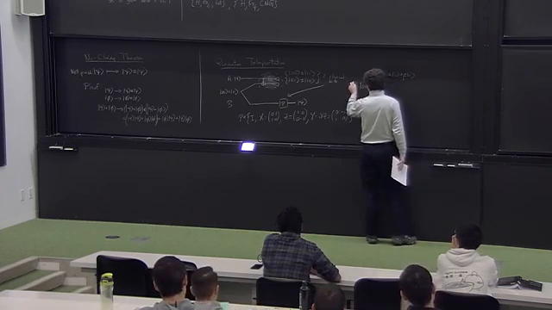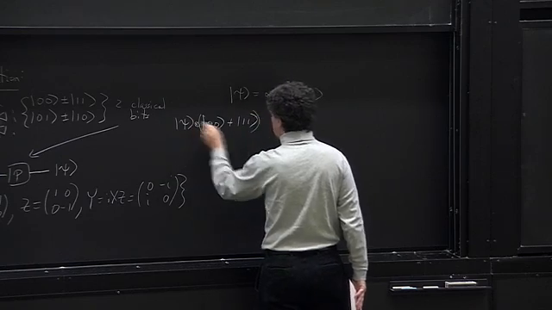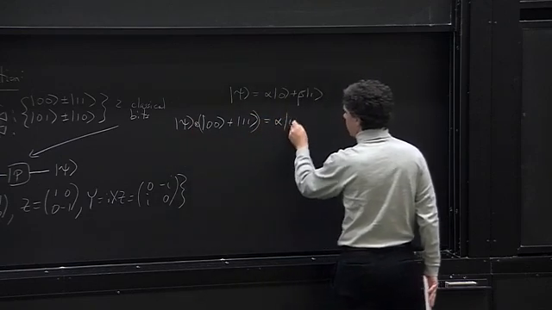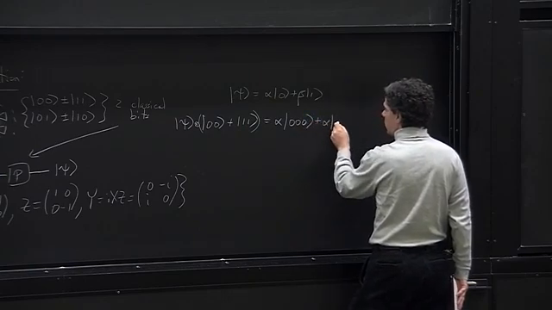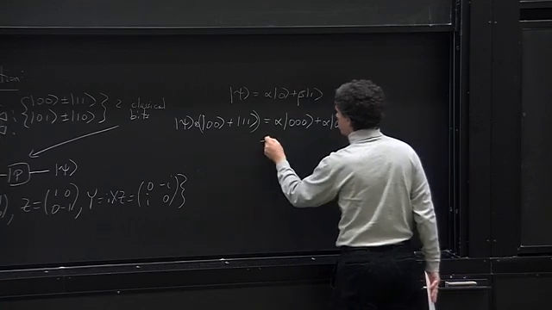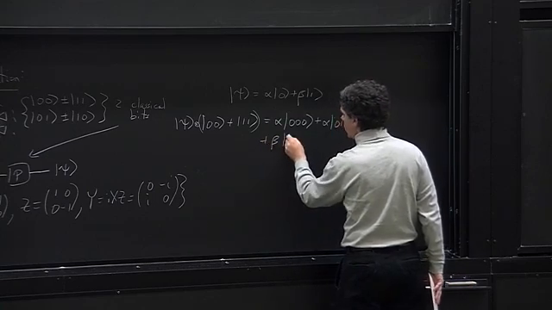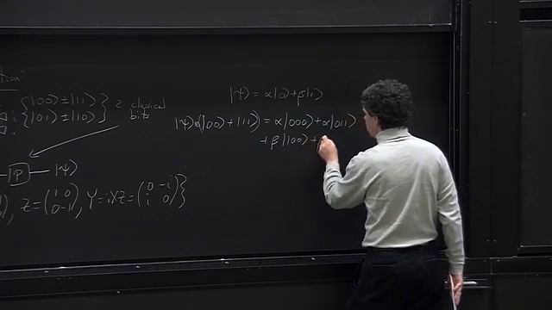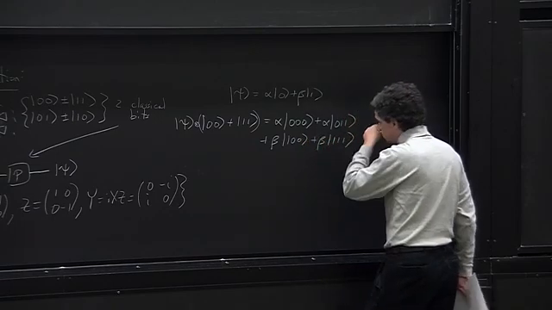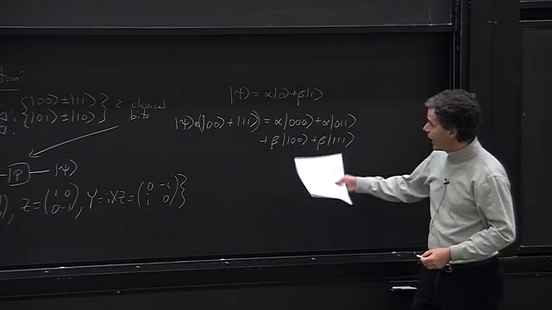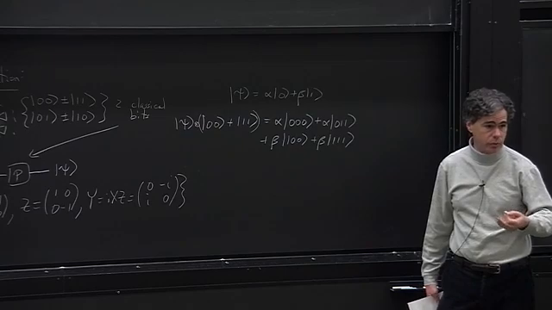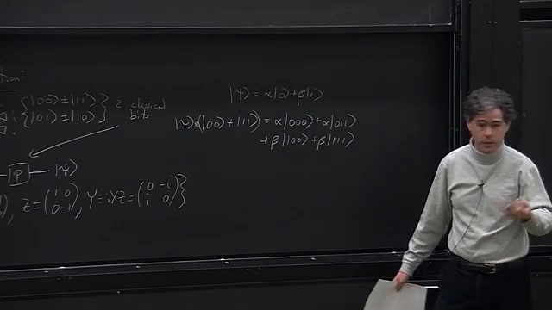So then psi tensor that is alpha 0,0,0 plus alpha 0,1,1 plus beta 1,0,0 plus beta 1,1,1. And suppose Alice does her measurement and she gets 0,0 minus 1,1, just one of the possibilities.